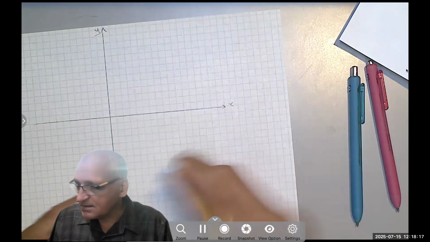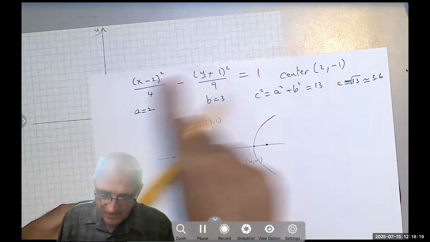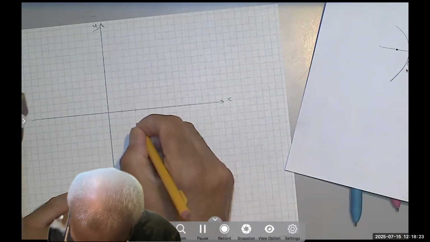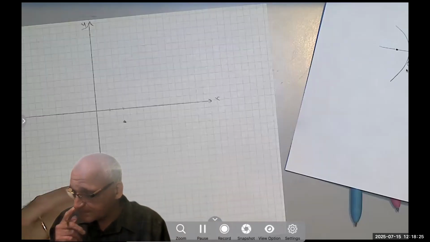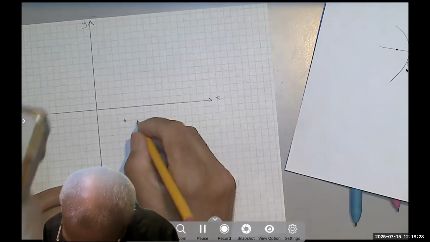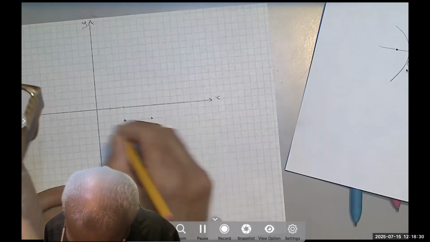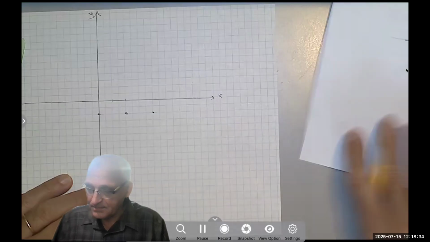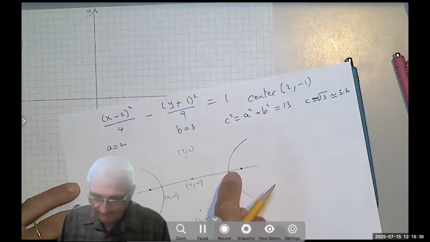The center is at 2 and -1. 1, 2, and -1. Here is the center. I go 2 to the right and 2 to the left to find the vertices, these two vertices.